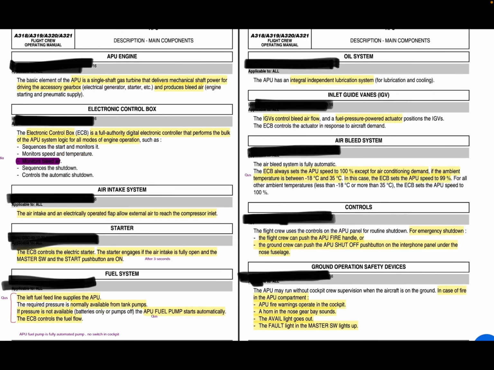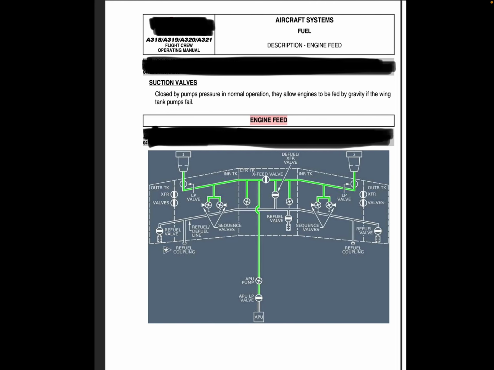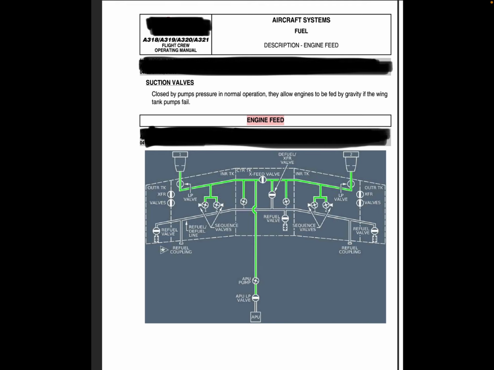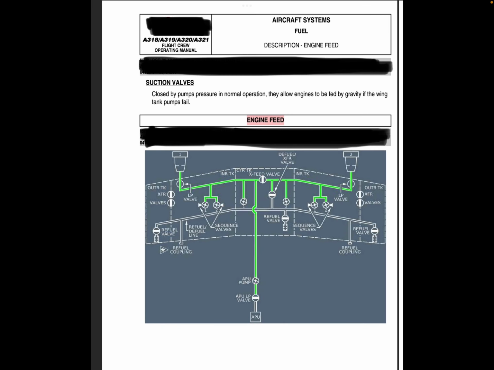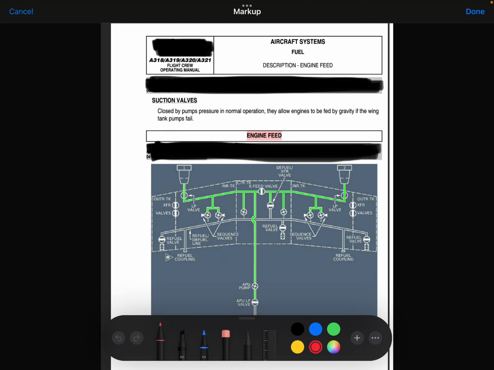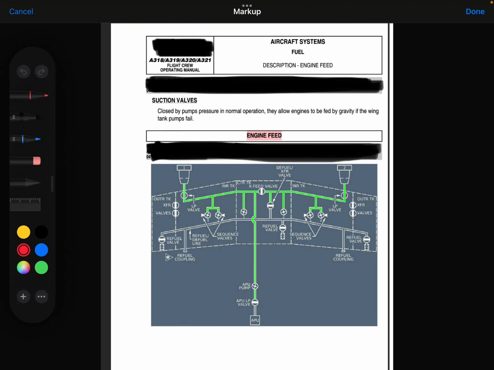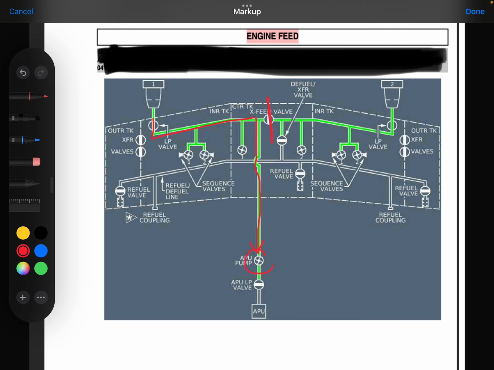So where is this fuel pump and how does it work? I have taken a screenshot from fuel system. Now you can see here. Let me take pen. Okay. So this is cross feed valve, right? This left hand tank feed line supplies fuel to the APU, and this is APU pump.